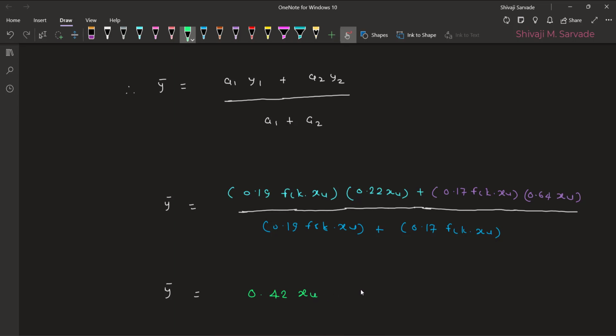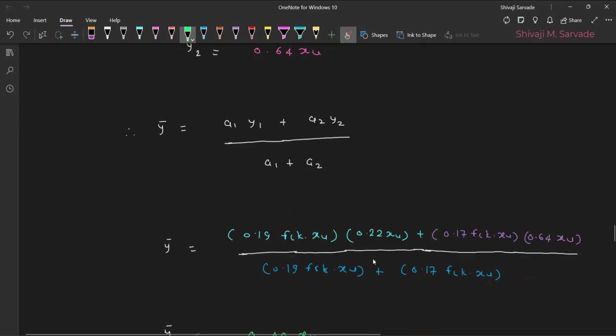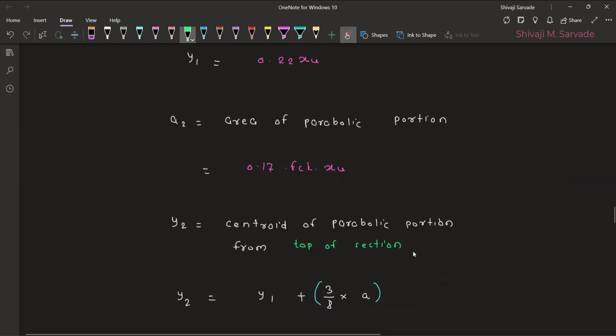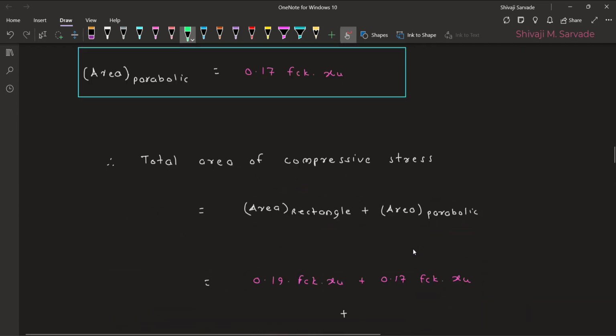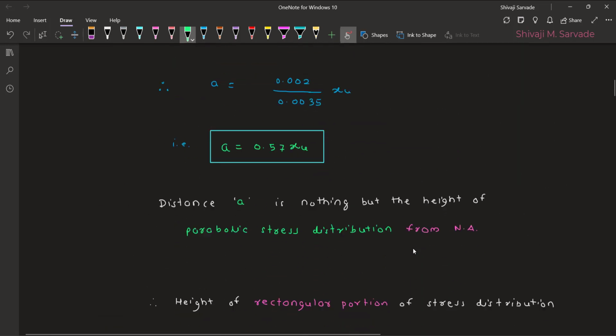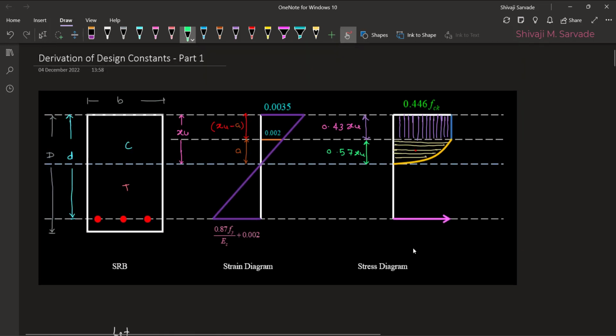Okay, so that means the total compressive force acts at a distance of 0.42 XU from the top. So if I go up, I will have to draw a compressive force.